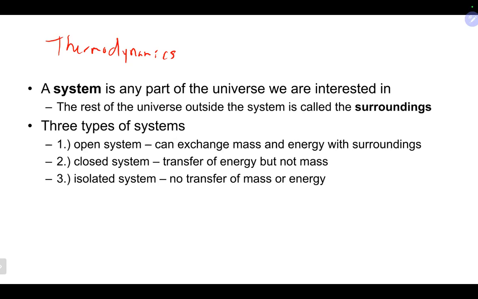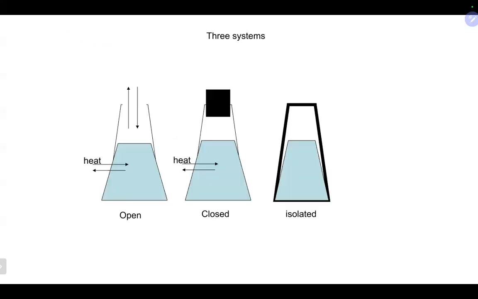The mass and the energy are not going to go out. In an open system like your test tube, you could take out the mass. If you're holding on to it, you feel the heat coming off the test tube. With a stopper on your flask, nothing is going to escape, but it can still heat up or cool down and exchange heat. And in an isolated system, you really won't have that.